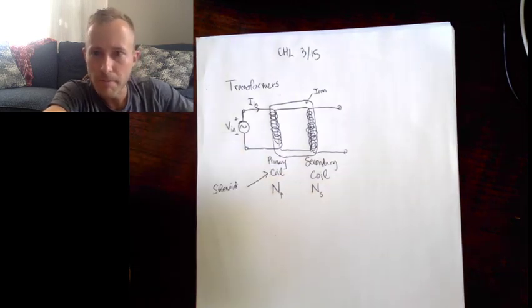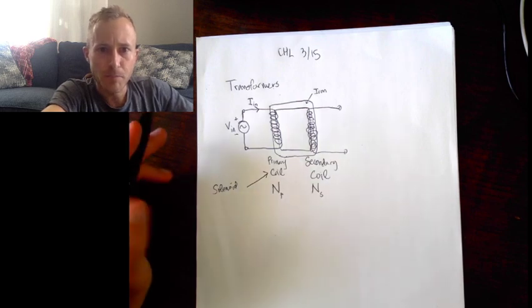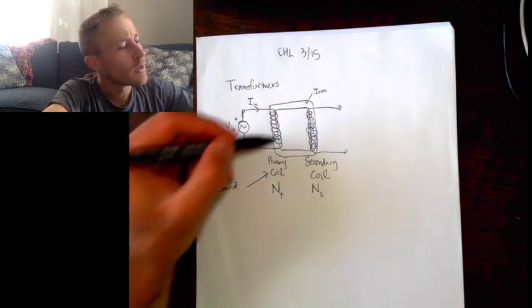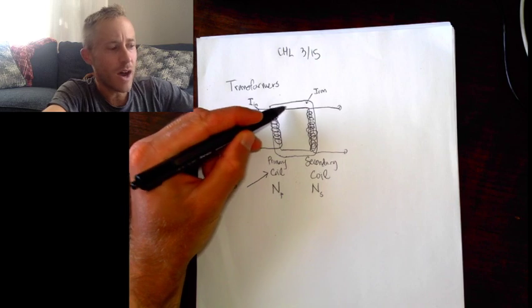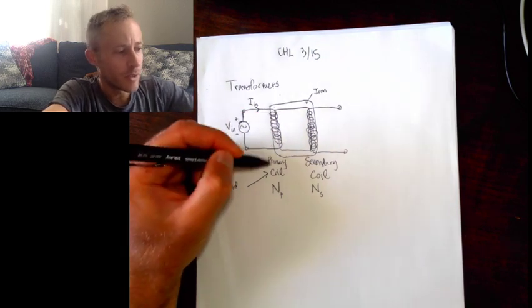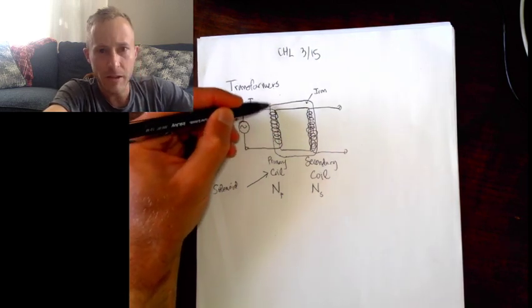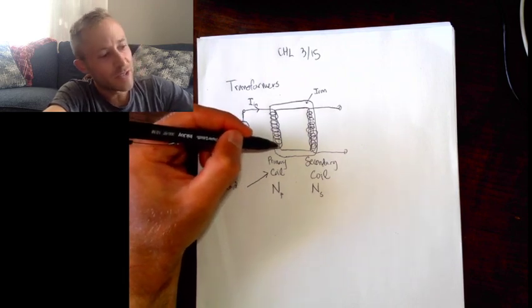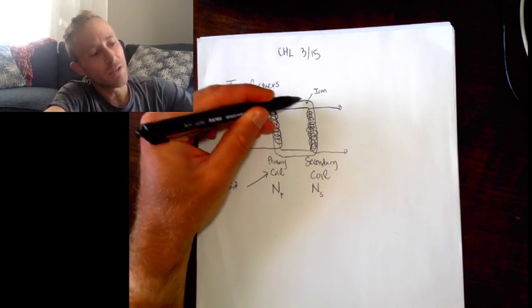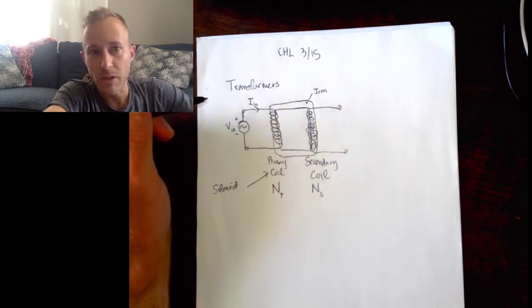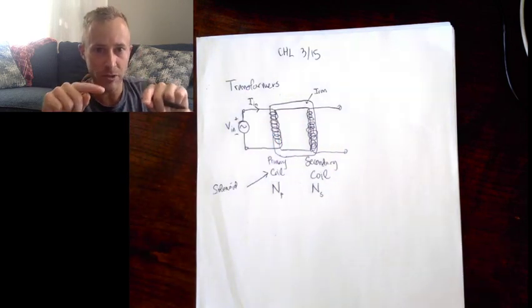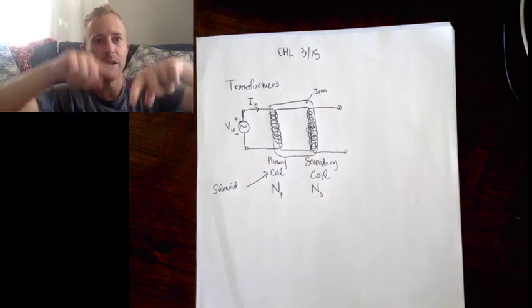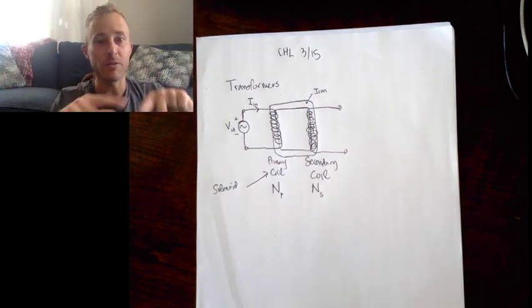Okay? Now, the purpose of the iron: this solenoid is making a magnetic field, and what the iron does is it guides the magnetic field into the secondary coil. Normally, if you have a solenoid, it just makes a standard magnetic field pattern.